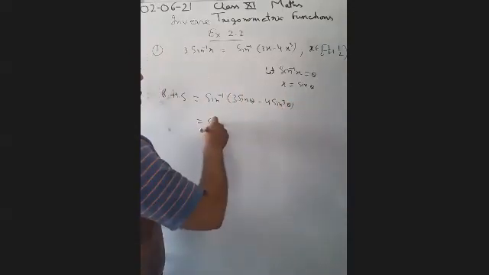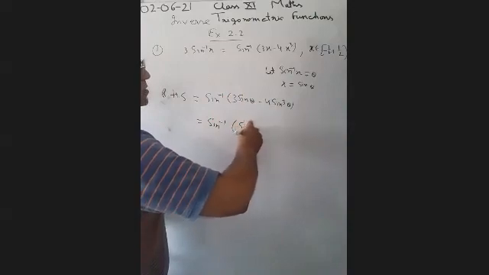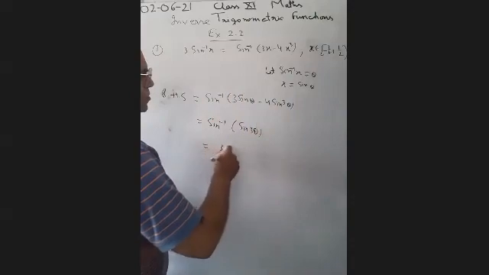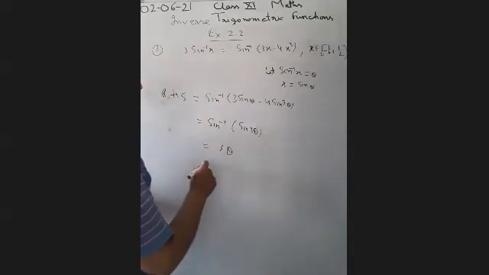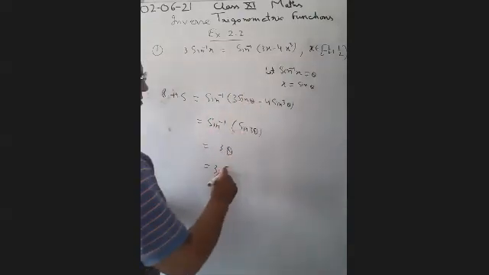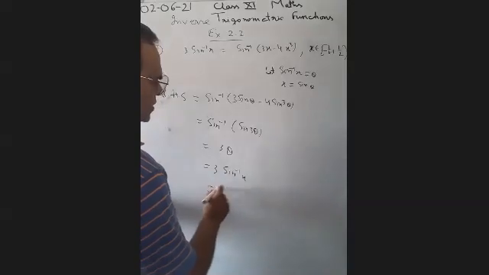Sin inverse sin 3 theta will be equal to 3 theta. Theta is equal to how much? Theta is equal to sin inverse x. It is equal to the left hand side.